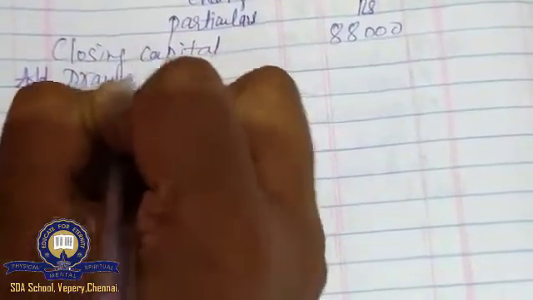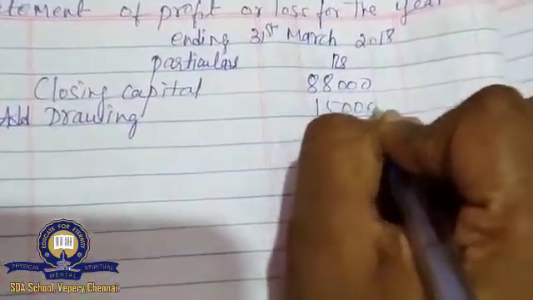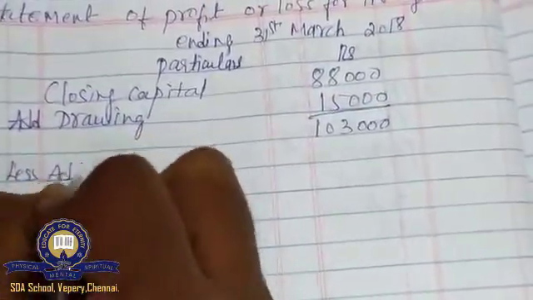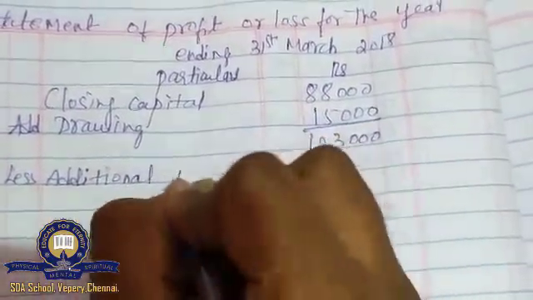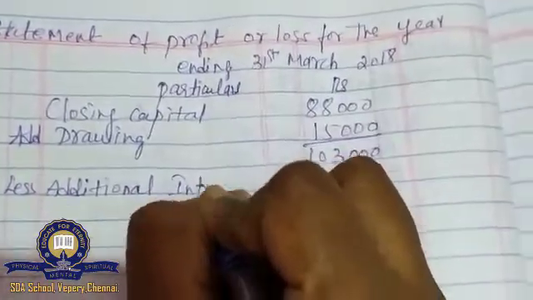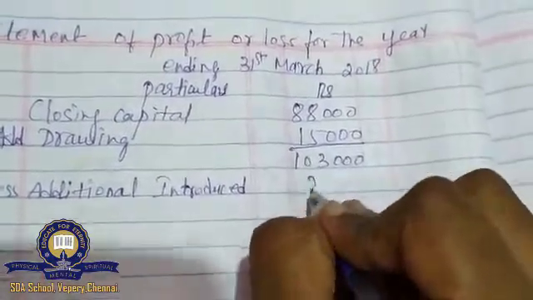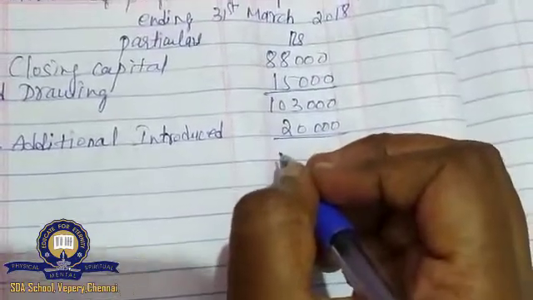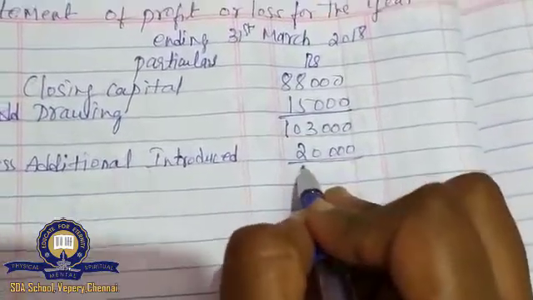Add drawing. Drawing means the person withdrew for personal use, 15,000. So if you add, you will be getting 1,03,000. Then less additional capital. So you have introduced further capital, that is called the additional introduced capital. So what is the amount? 20,000. So we are going to minus from 1,03,000 minus 20,000.